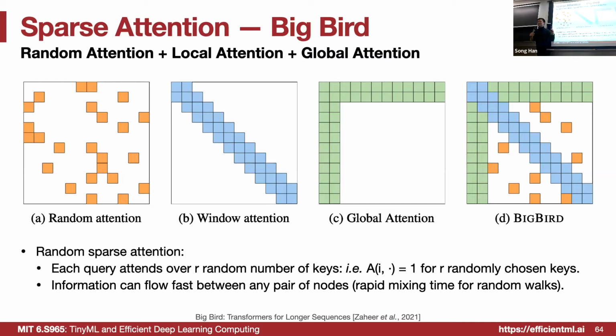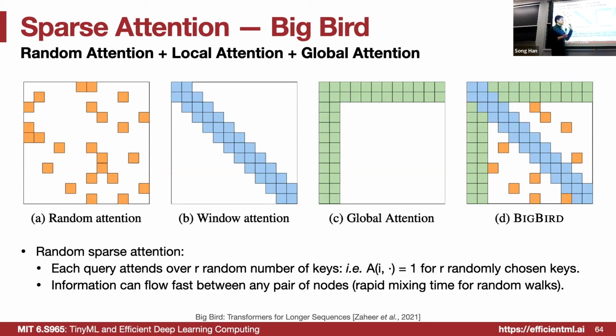So after 2 layers, token 1 can attend to token 75. If you have a lot of such random attentions, quickly all the tokens can attend to each other. So information can actually flow fast between any pair of nodes. Rapid mixing time using random walks.